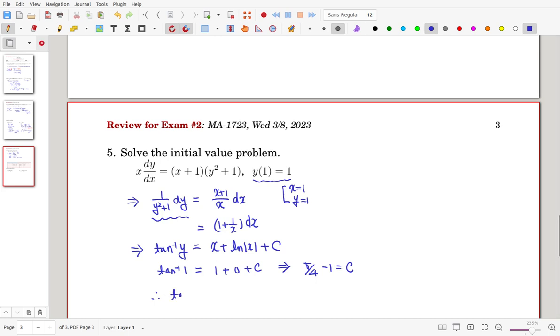Arctangent of y equals x plus, now we don't need the absolute sign, the natural logarithm of x, plus pi over 4 minus 1. Okay, that's the final answer. It is implicitly defined, but that is the answer.